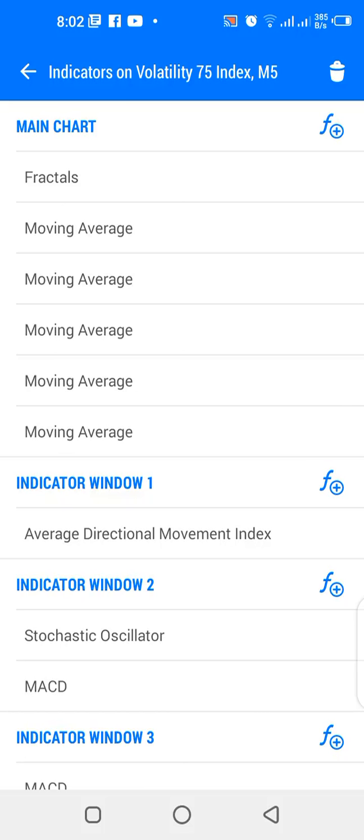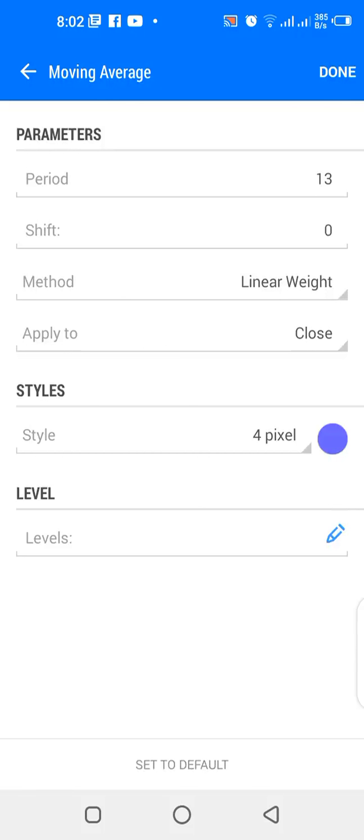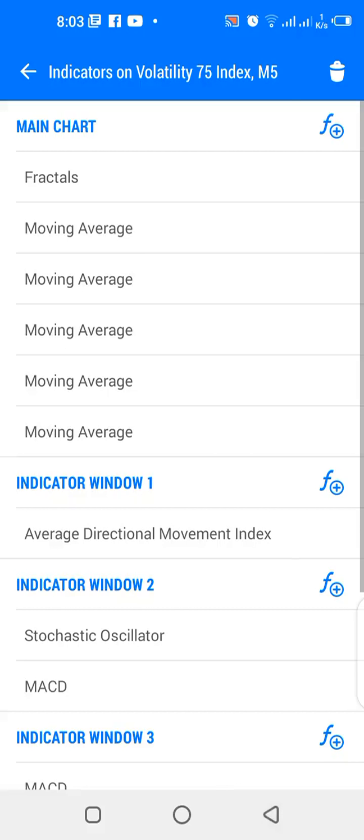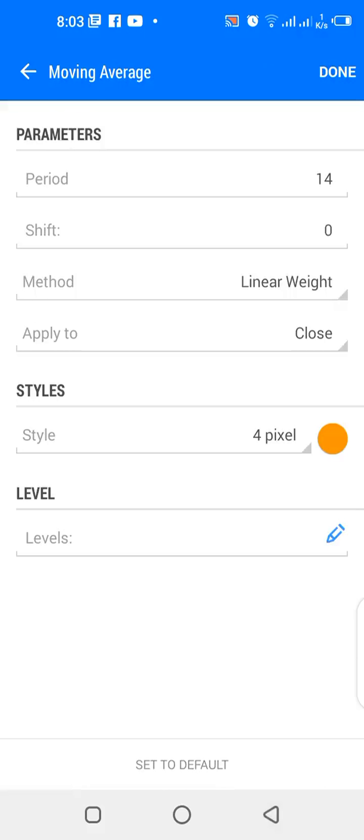Then we have 5 moving averages. The first one is the 13 period linear weighted moving average applied to close, and the color is purple. The next moving average is a 14 period linear weighted moving average applied to close, and the color is orange.